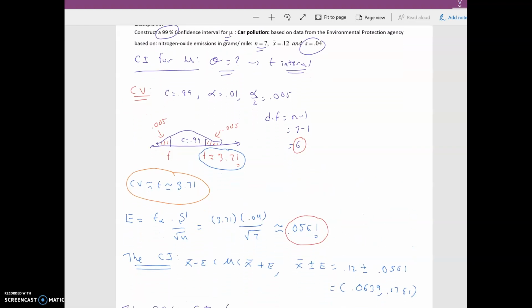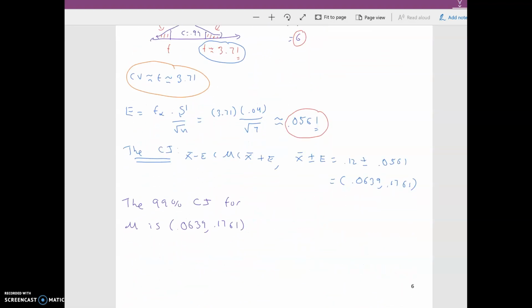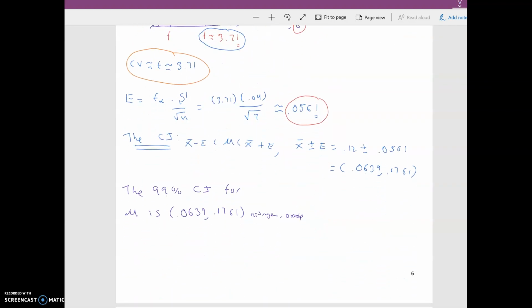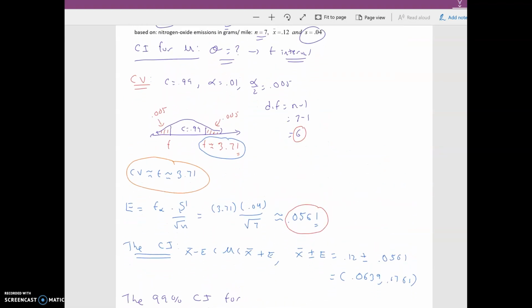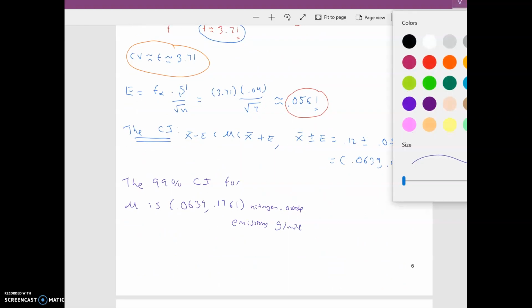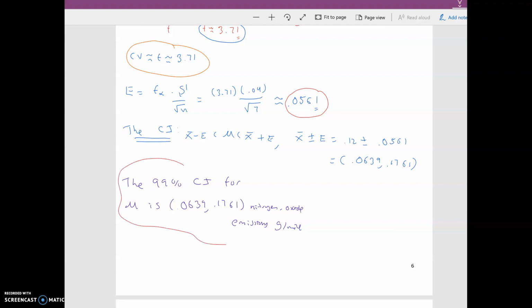The units that they're using are nitrogen oxide emissions, grams per mile. So that would be your final answer. All confidence intervals have to state the level at which we're running it, since that is the indication that we're carrying about a 1% error.